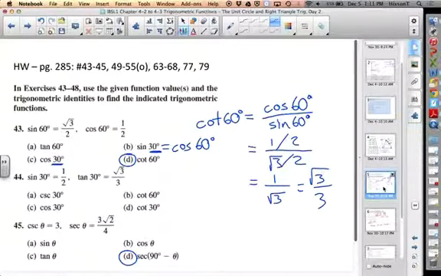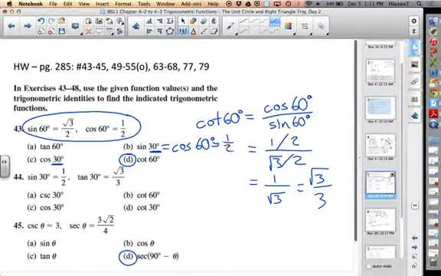Alright, so getting back to the question that was asked about the homework. If we know this, sine of 30 is automatically the cosine of 60, so the cosine of 60 is 1/2. Okay?